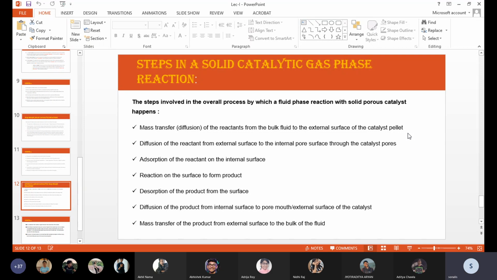Then let us consider the solid catalyst is porous. So most of the surface area resides in the pore surface.